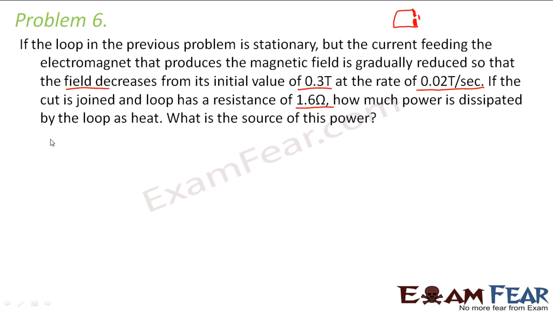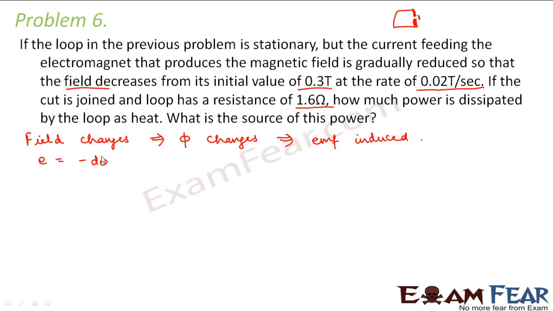So first of all, let us calculate the value of induced EMF. Here the field is changing, therefore flux changes, therefore EMF is induced, right? So this part is clear. Induced EMF from Faraday-Lenz law is minus rate of change of magnetic flux.